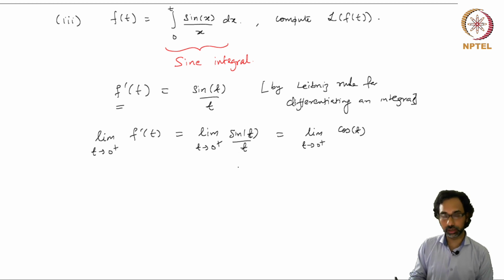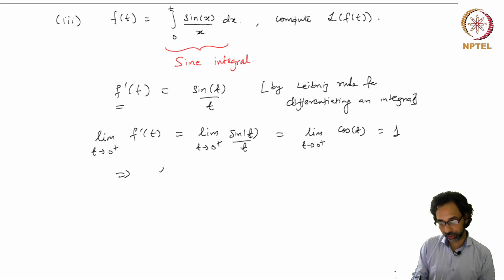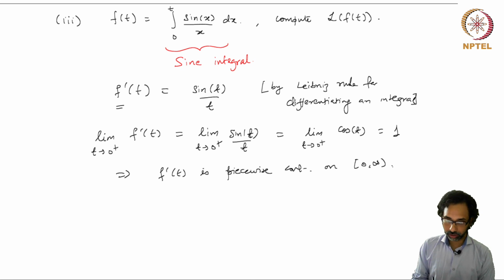So you are differentiating both the numerator and denominator. For the numerator you get cos of t, and so this is just 1. Therefore the limit as t tends to 0 from the right side exists, and so therefore f prime(t) is piecewise continuous on 0 to infinity. So we can use the derivative theorem.